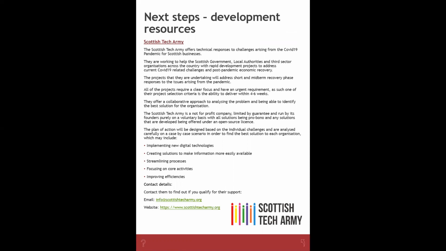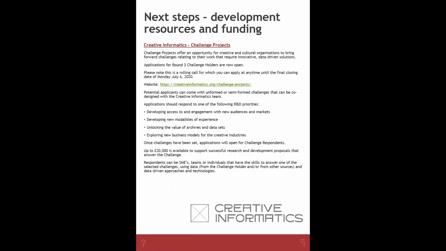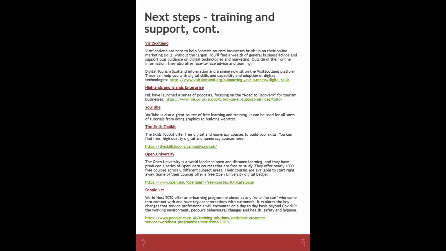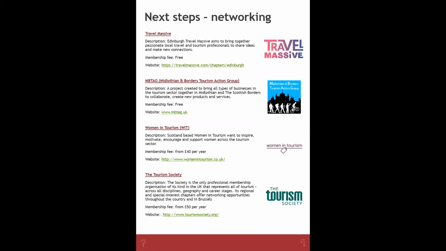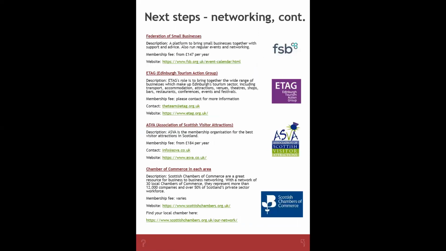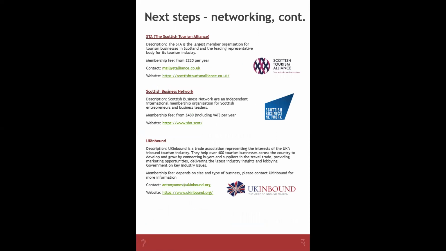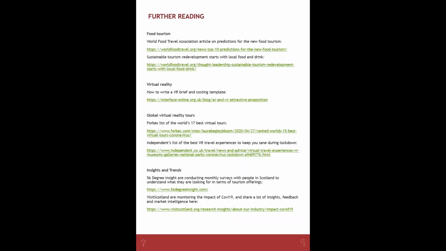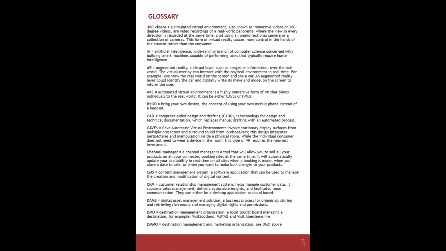So if you need help to develop technology or digital services. We also have a section on training and support. There's a bit about networking, different associations and organizations you might want to consider joining. And at the very end, we also have some further reading and the glossary that we looked at earlier.